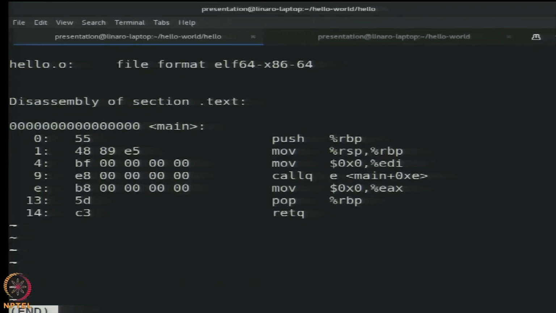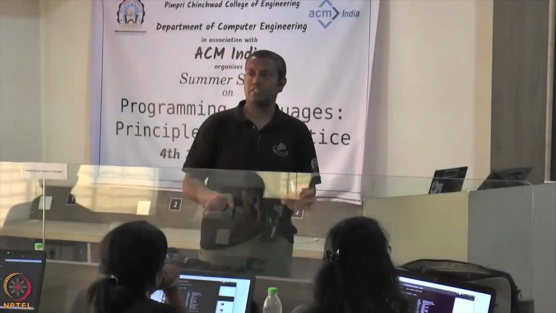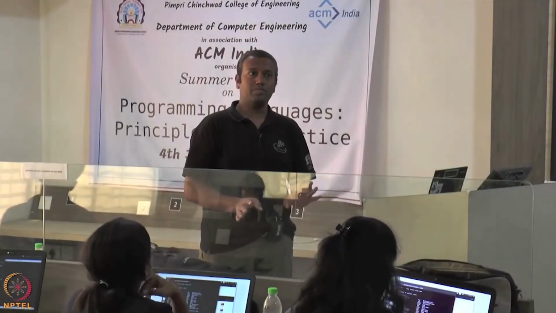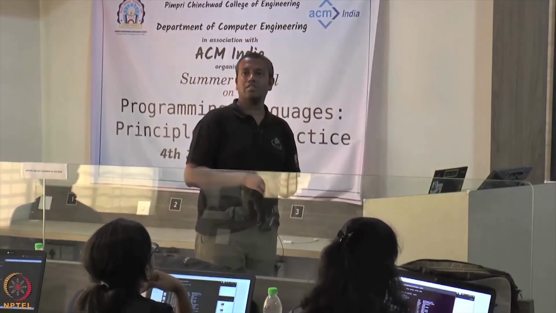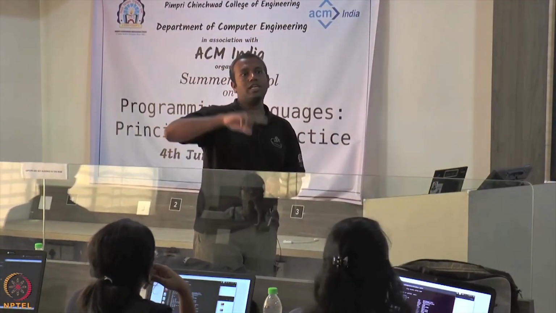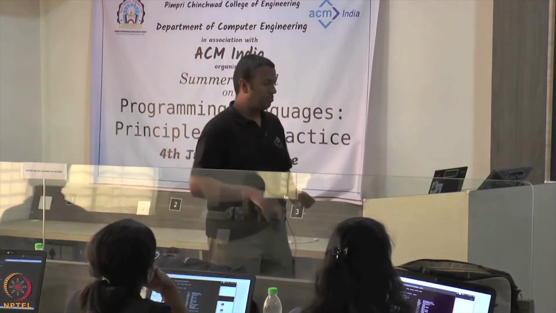Does that make sense at all? It doesn't, right? So this is a placeholder. It is saying call a function. It doesn't yet know what the function is, right? Now, how are you going to tell it what function it is? You use the linker, right?